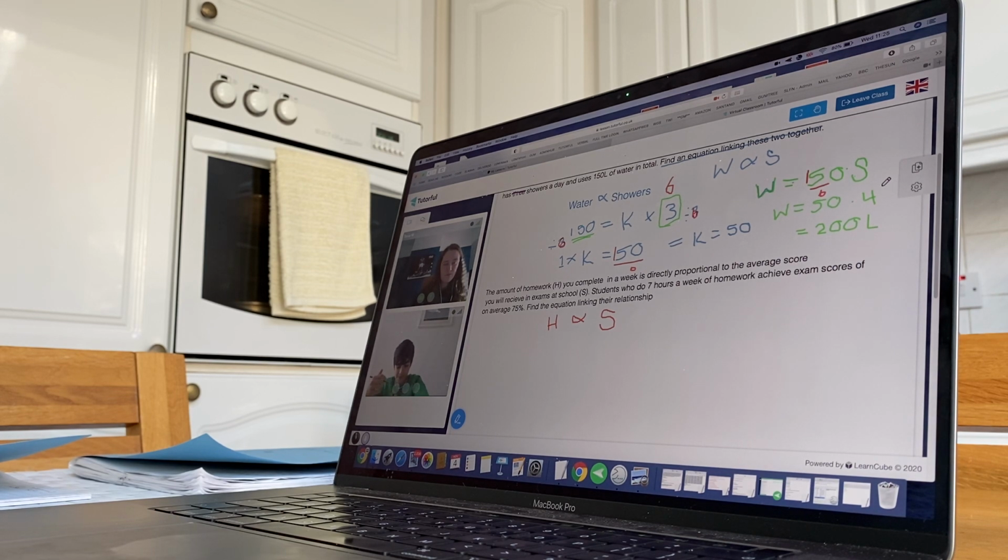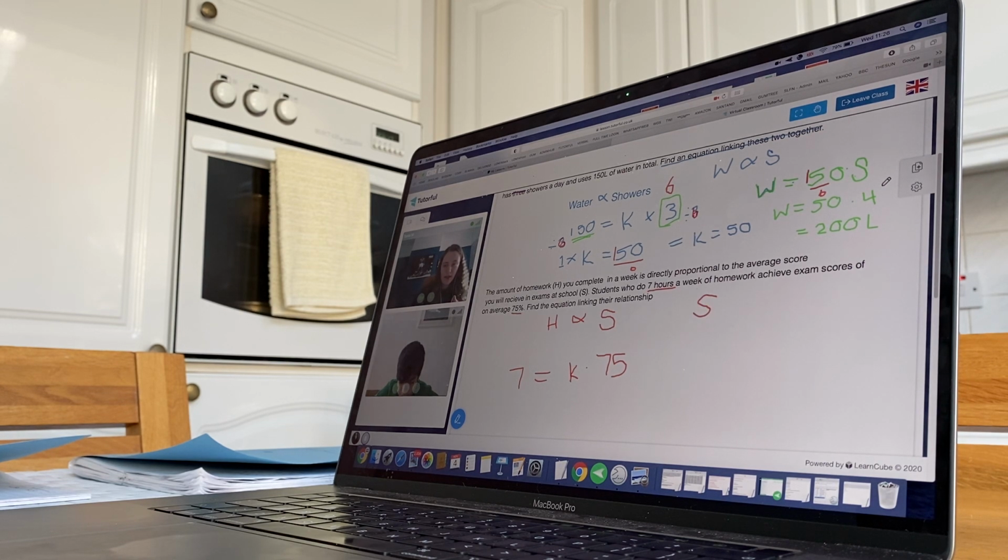So 75 is the S, and then equals K times 7.